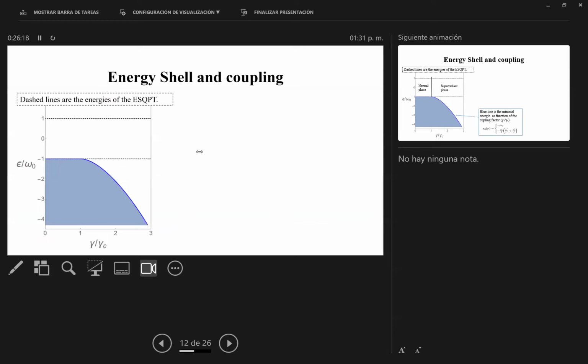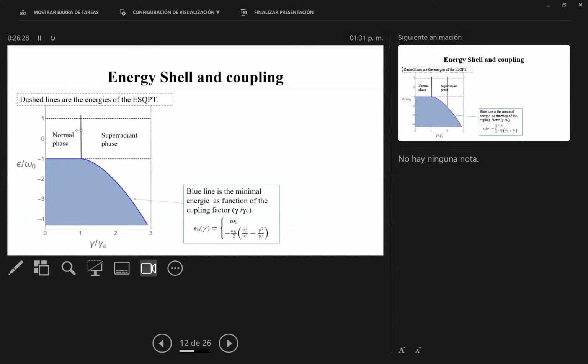Now I will explain something about the energy and its dependency on the coupling parameter. As Lea said, when we have this critical parameter, the system has one kind of properties before this critical value, which we call the normal phase. And after this value, one quantity visible in this plot is the minimum of the energy.